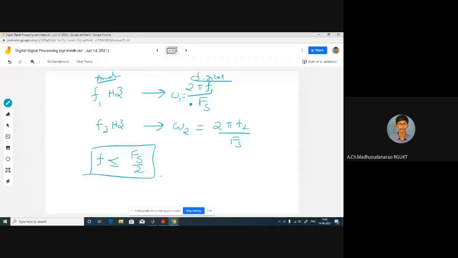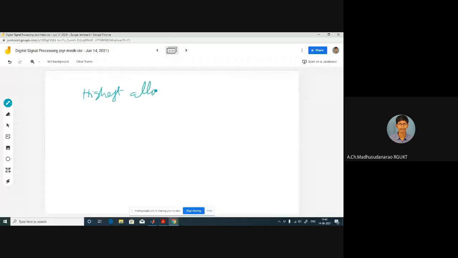Now, based on this, can you just comment what the highest allowed analog signal frequency as an input to an analog to digital converter is?